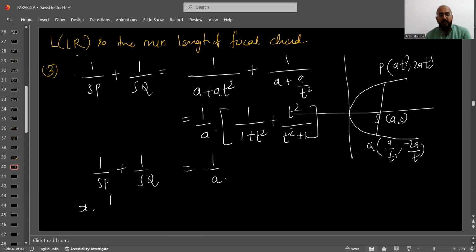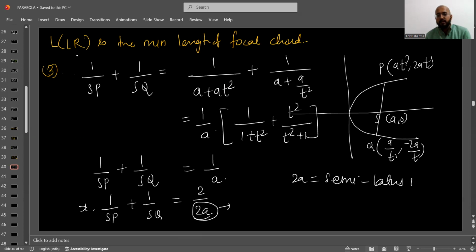But deep down, I know that we can write 1/SP + 1/SQ equal to, I can multiply here and divide by 2, so at least I get 2/(2a), where 2a is nothing but the semi-latus rectum. That means 1/SP + 1/SQ is equal to 2 divided by the semi-latus rectum.